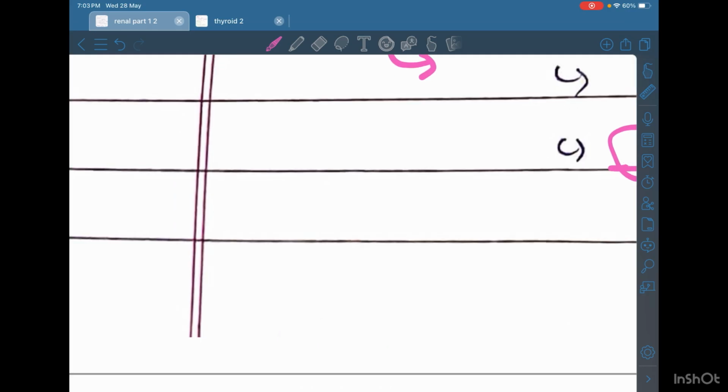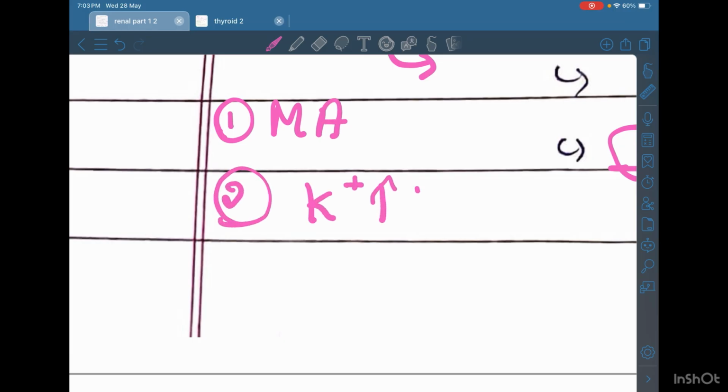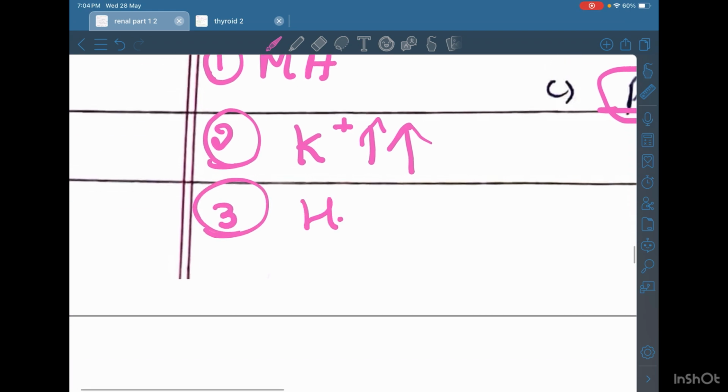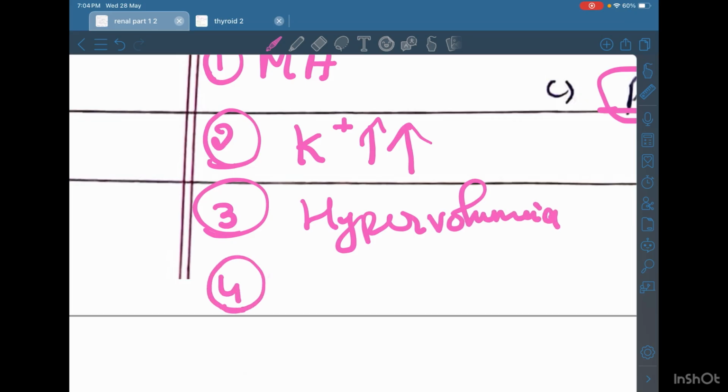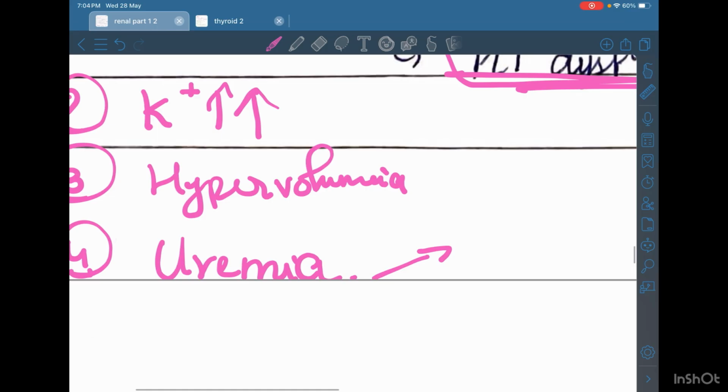Okay, so what are the complications? First is your metabolic acidosis, the second is hyperkalemia, third is hypervolemia, and fourth, the main thing, very important, uremia. This can lead to encephalopathy, pericarditis as well as platelet dysfunction.